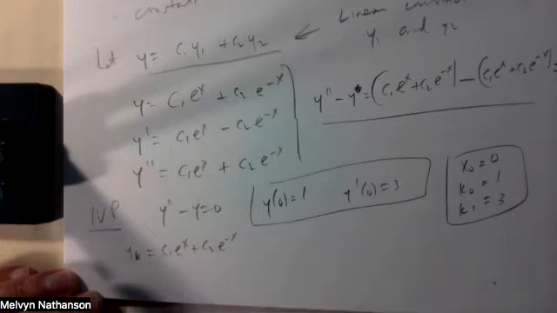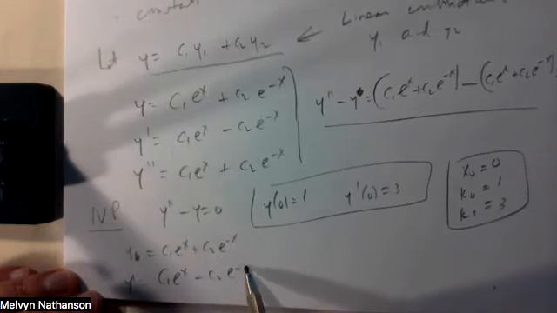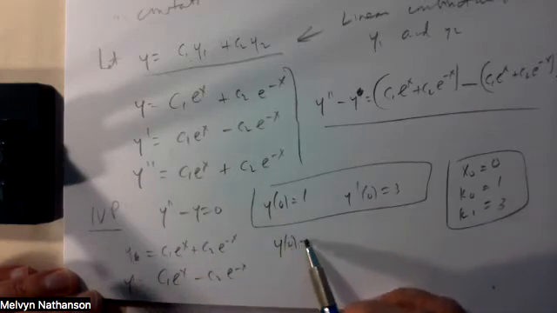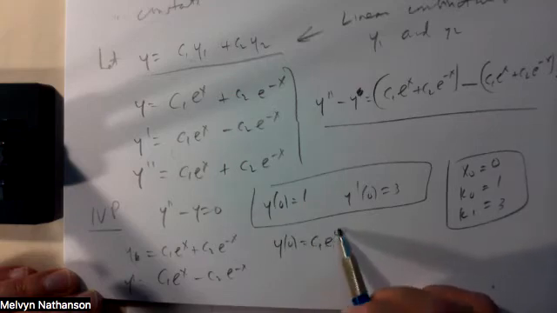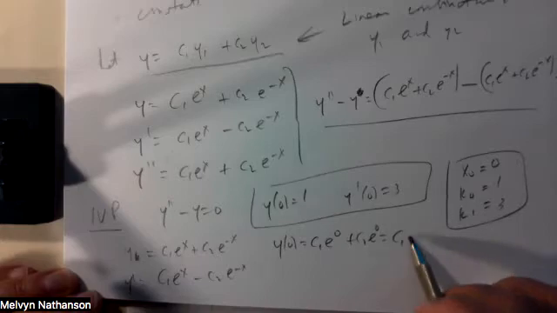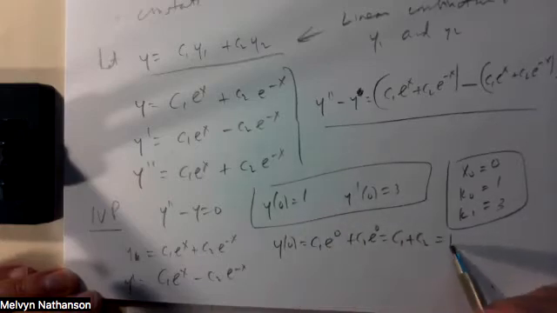Again, this is equal to y, and y prime is C1 e to the x minus C2 e to the minus x. So if I evaluate this at 0, y of 0 is C1 e to the 0 plus C2 e to the 0. E to the 0 is 1. This is C1 plus C2, and we want that to equal 1.